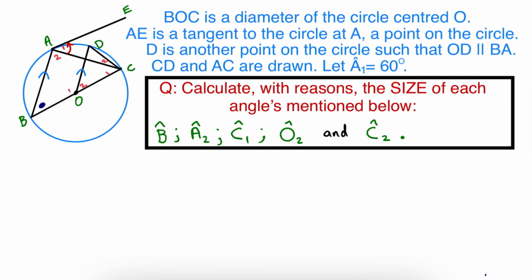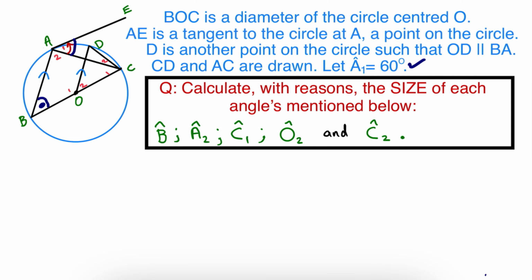But remember, I told you that the minute you are given a tangent, then you can think of tan chord, especially if you don't have a radius, right? So we know that A1 here, which was already 60 degrees, check on the statement, you remember 60 degrees there, that A1 there will be equal to the whole B, right? Remember the tangent AE and the chord AC make A1, right?